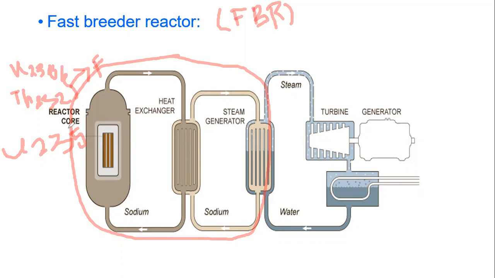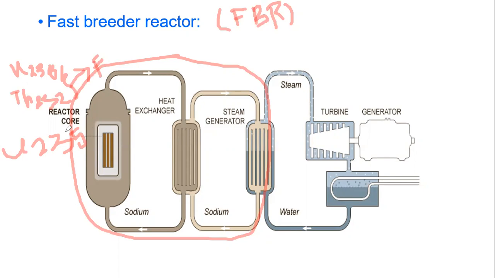The uranium 235 will be flowing through that reactor core, surrounded with the fertile materials. The fertile materials absorb the neutrons produced by the fission process of uranium 235.